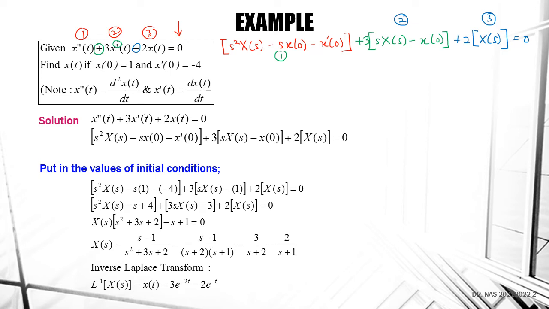Okay, next you need to replace x naught equal to 1 and x prime naught equal to minus 4 inside the equation. So in this case, x naught equal to 1, x prime naught equal to minus 4, and this one x naught equal to 1. That's it.